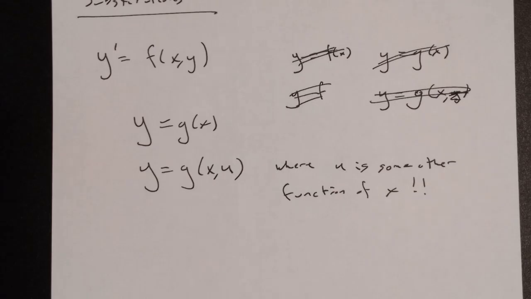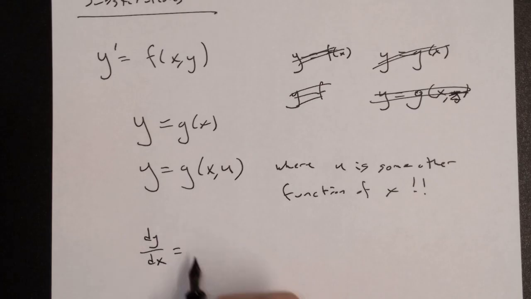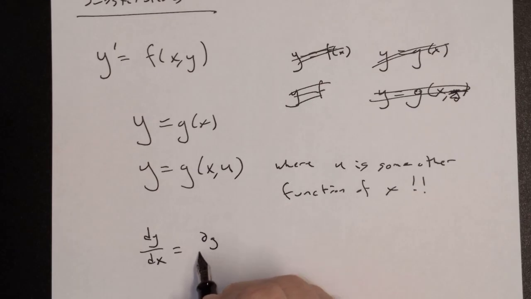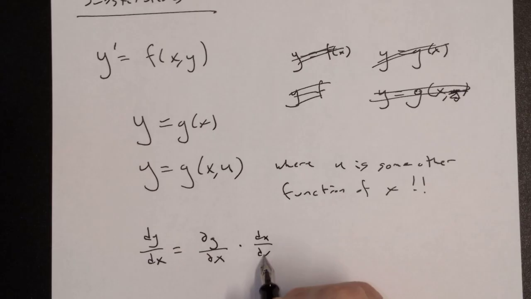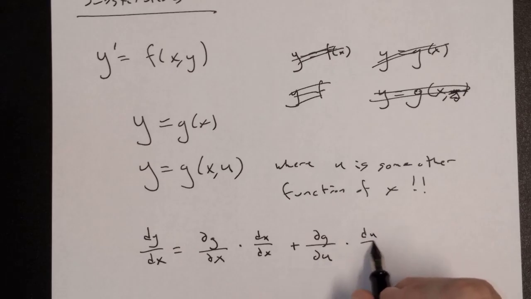If I have this version of y instead of this version, and I wanted dy dx, then I would use the chain rule, the Calc 3 version of the chain rule, because y is g of two variables. So I would need the partial derivative of g with respect to x times the derivative of x with respect to x, and I would need the partial of g with respect to u times du dx.